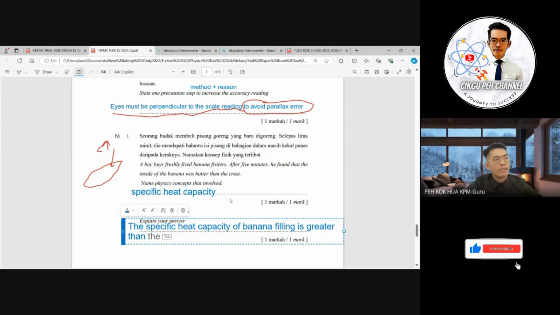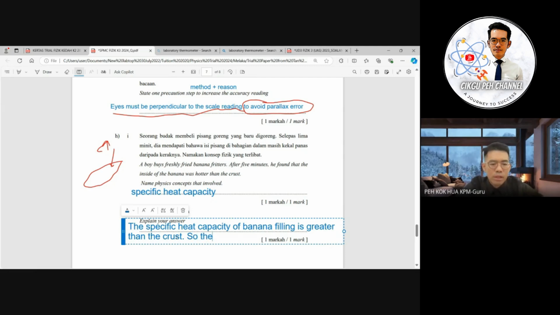So it's softer inside, greater than the crust. Here you can use just banana inside also can. Specific heat capacity of banana inside is greater than the crust. This will be the reason.